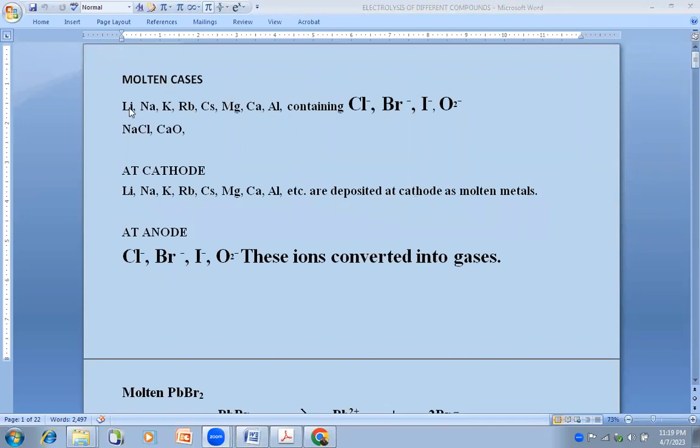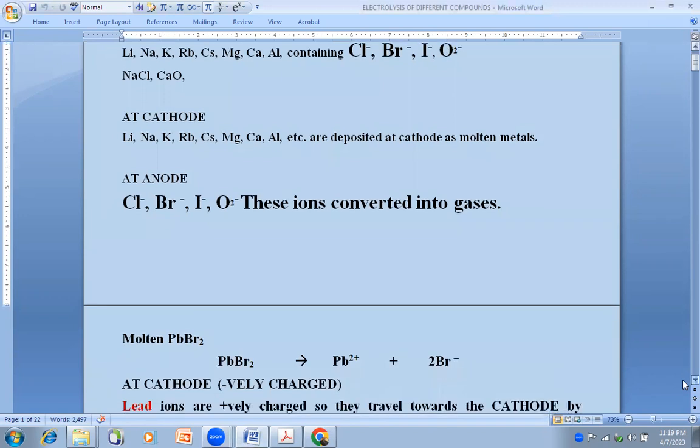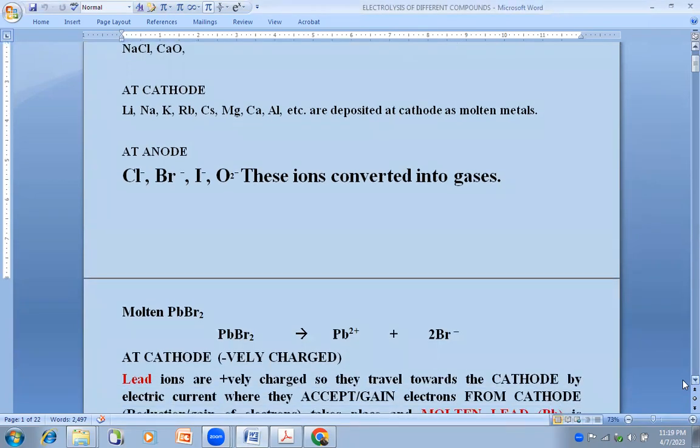Molten cases: lithium, sodium, potassium, rubidium, cesium, magnesium, calcium, aluminum, any metal in the molten case, if it contains chloride, bromide, iodide, or even oxide, can be used as an electrolyte by passage of electric current and can be converted into its respective metal, and its ions into neutral form.